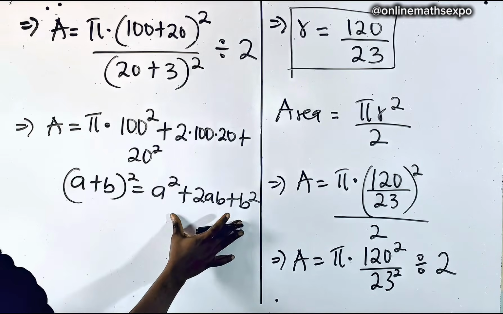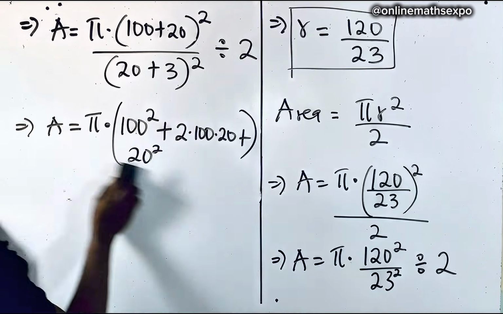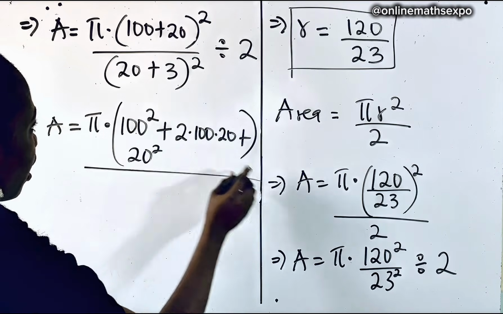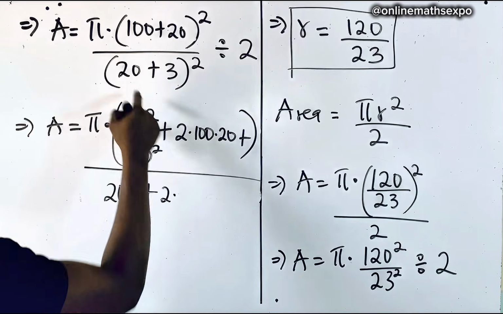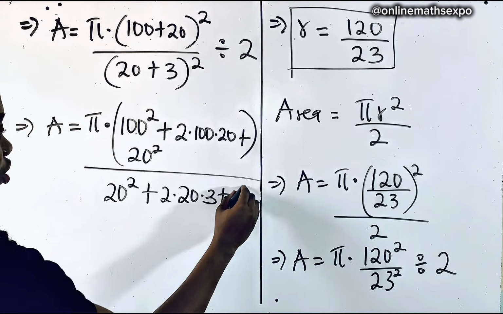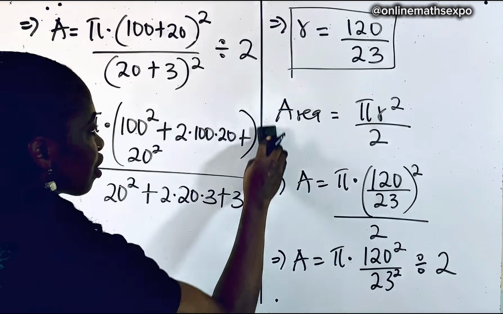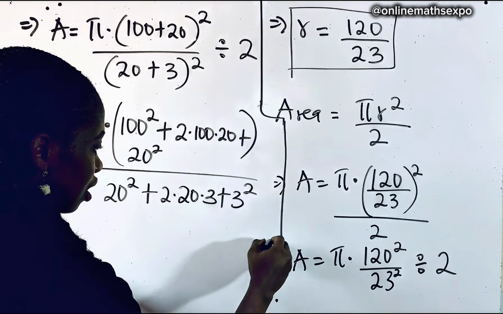We are obeying this. And then what do you do next? This is divided by 20 squared plus 2 times 20 times 3, then plus 3 squared. Remember, everything is to be divided by 2. So let's adjust this.